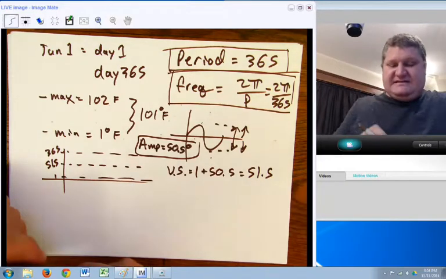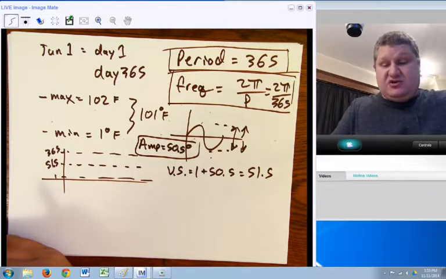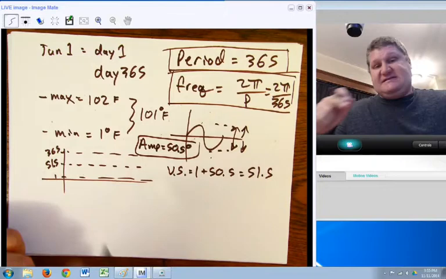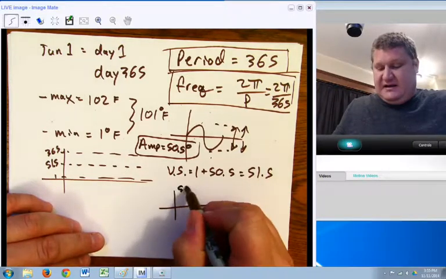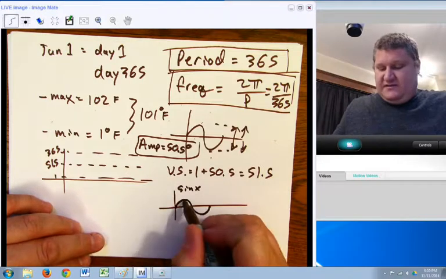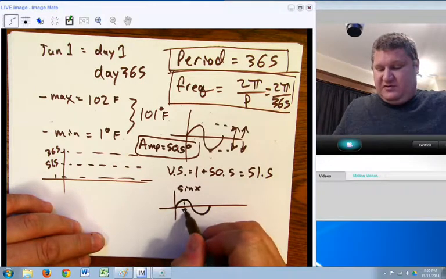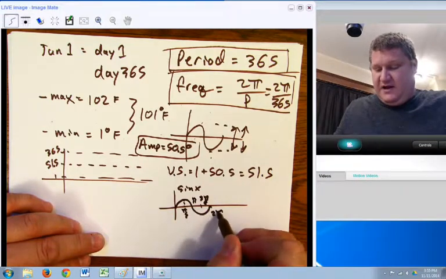Now, it says it's sinusoidal. Well, sinusoidal just means it's shaped like a sine or cosine wave. Now, by the way, it's shaped like a sine or a cosine wave, because if I graph sine x, that looks like this, with this being pi over 2, this being pi, this being 3 pi over 2, and this being 2 pi.